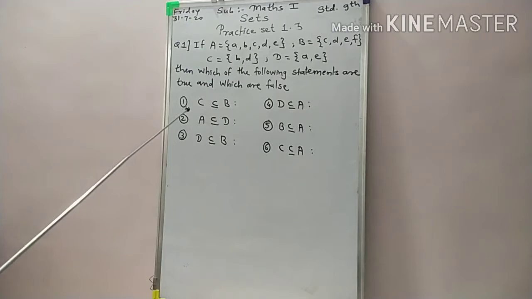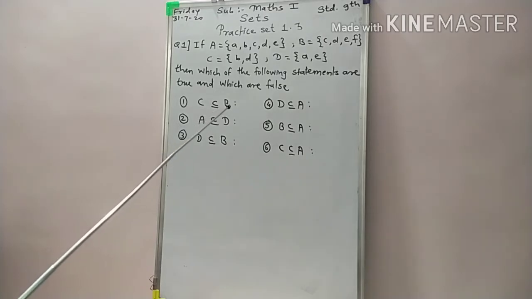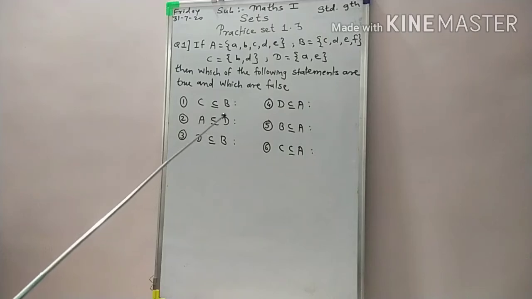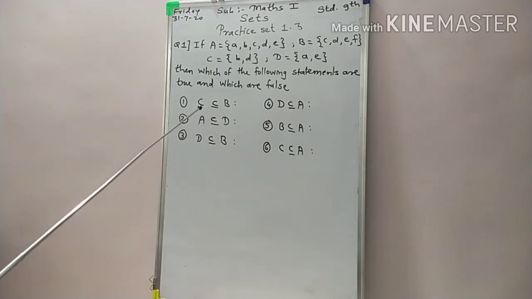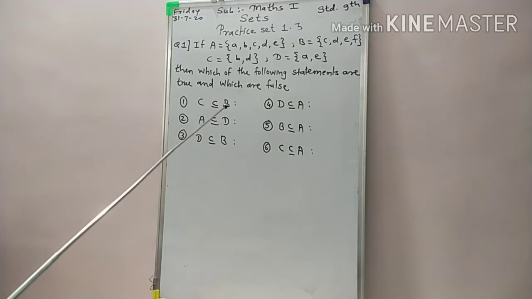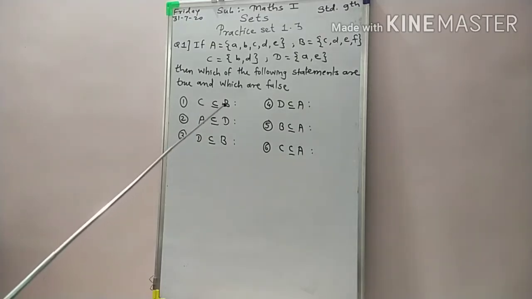The first statement is, set C is a subset of set B. This means we have to decide whether each element of set C is in set B. If it is so, then we can say C is a subset of B.